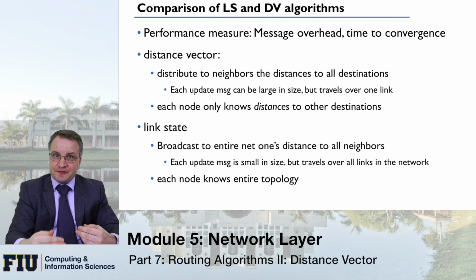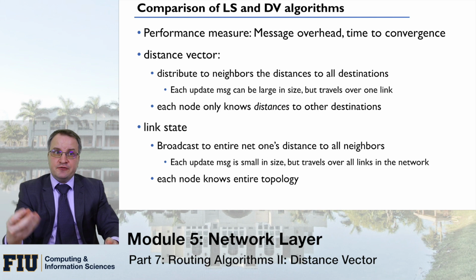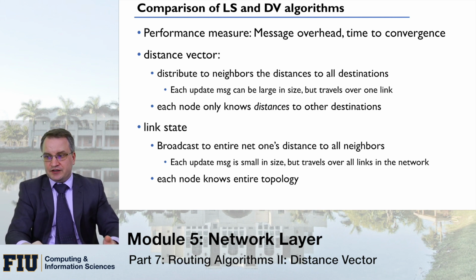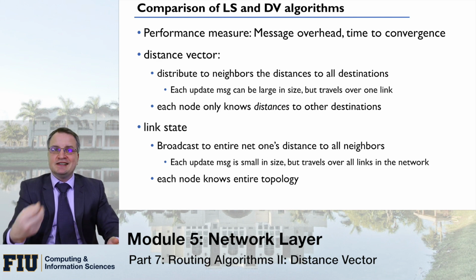To highlight the difference between the two protocols regarding error processing, if some link fails in the system, a link state protocol would not have any count to infinity, because if you exchange the information and all the nodes in the system discover that that link disappeared, they will simply recalculate, and that's it. That will be the end of the story. So reaction to errors is much simpler in a link state protocol, but you still have to discover that something happened. But that would be a story for the routing protocols.